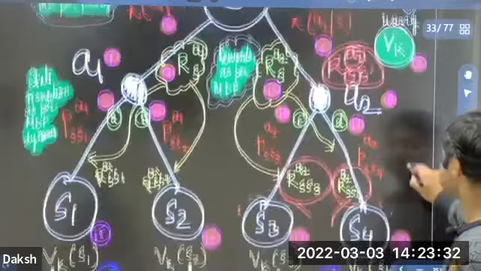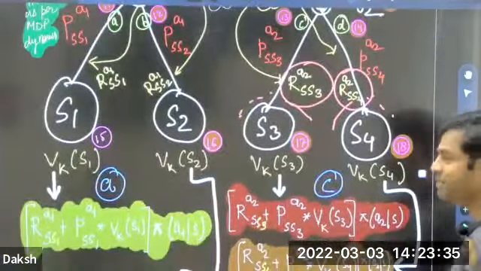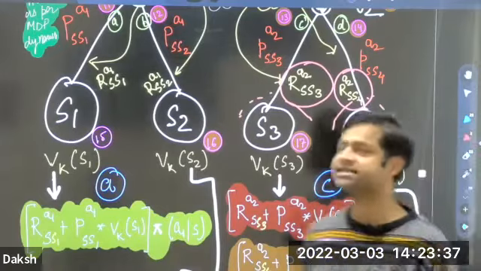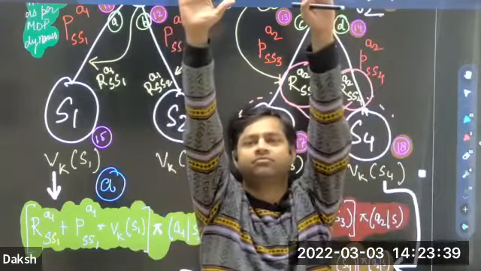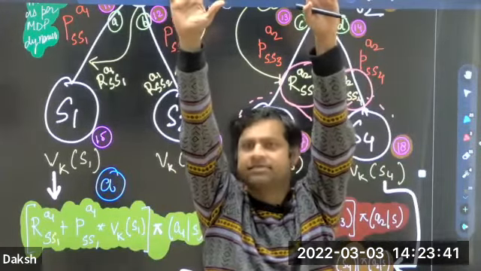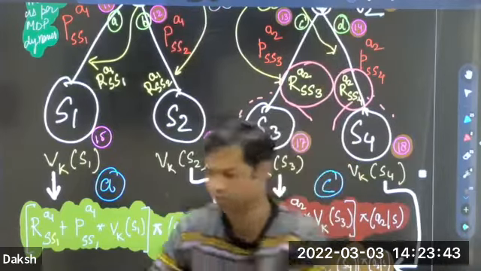By the way, you can see state S, then you can see S1, S2, S3, S4.